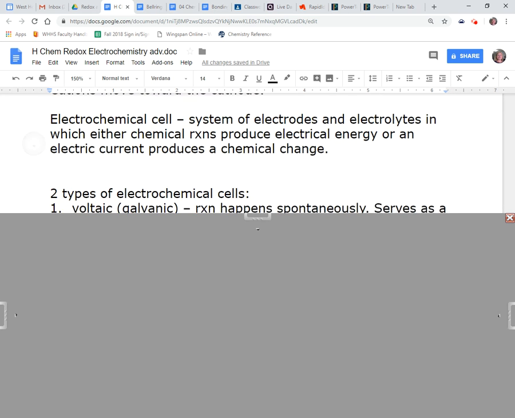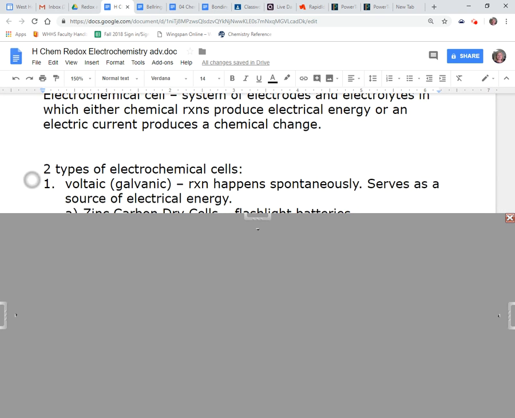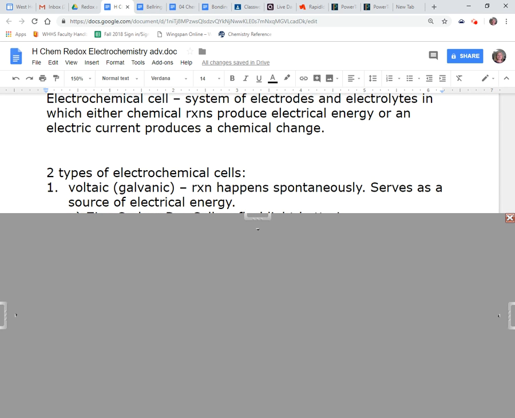So here they are. The first one is a voltaic or galvanic cell. I like to use the term voltaic, but I think more and more you're going into galvanic in AP, so make sure you're familiar with both. This reaction happens spontaneously. It just happens on its own if we get these two chemicals and electrodes together, and it serves as a source of electrical energy.